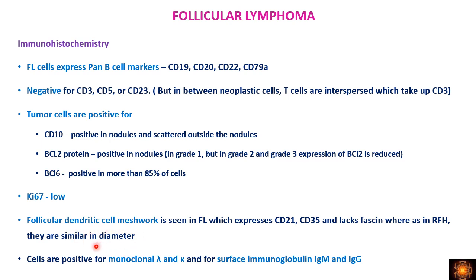The cells are also positive for monoclonal kappa or lambda, and for the surface immunoglobulins IgM and IgG. So the important IHC markers are CD10, BCL2, BCL6, and if we want to see the dendritic cell distribution, then we have to do CD21 and CD35.